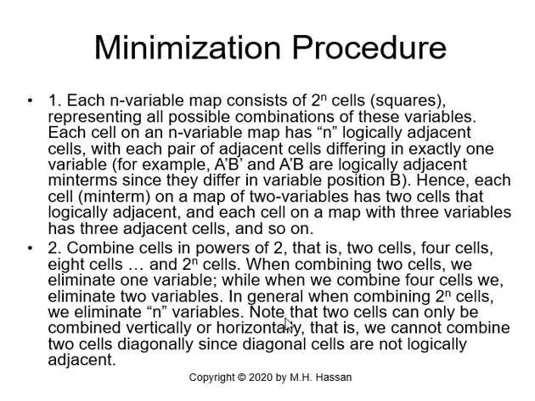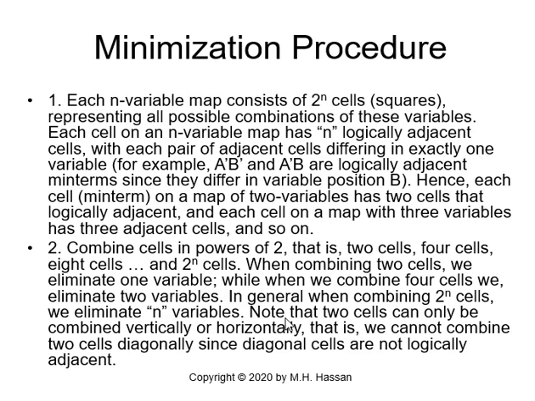That is 2 cells, 4 cells, 8 cells, and 2 to the power n cells. When combining 2 cells, we eliminate 1 variable, while when we combine 4 cells, we eliminate 2 variables. In general, when combining 2 to the power n cells, we eliminate n variables.